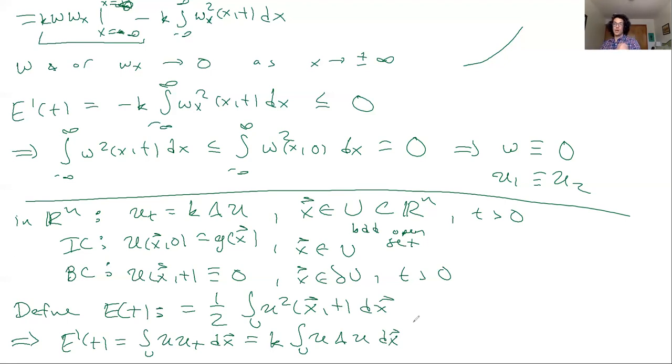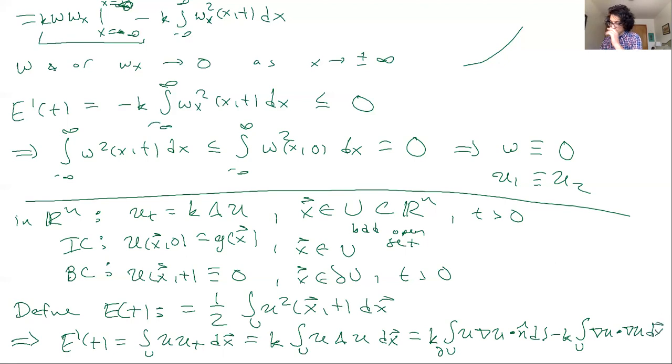And now we're going to do an integration by parts in R^n, and we'll apply the divergence theorem. So now this is an extension of what we've seen before. So now we're going to have u, gradient of u, dotted with the normal, dS, minus k, the integral of gradient of u dotted with gradient of u, dx.